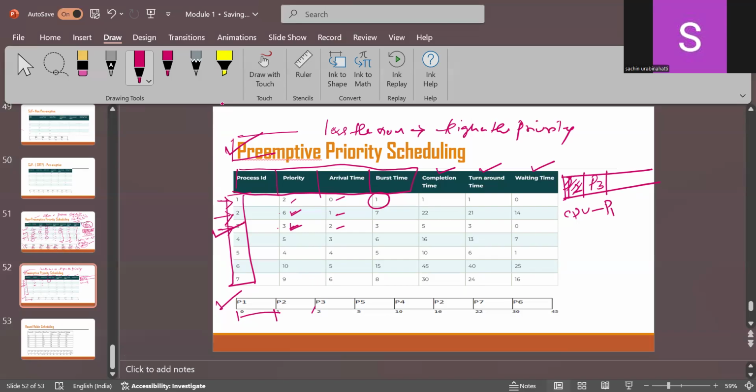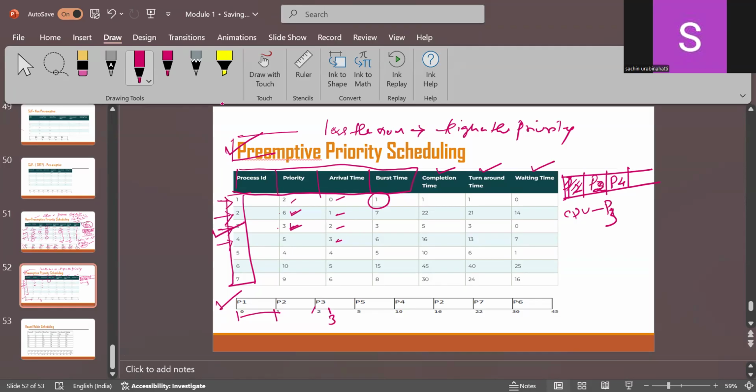The burst time of process 3 is 3 units of time. When P3 starts its execution, at the third unit of time, the process that enters the queue is P4. P2 has been preempted and is in the queue, and P3 has started execution.